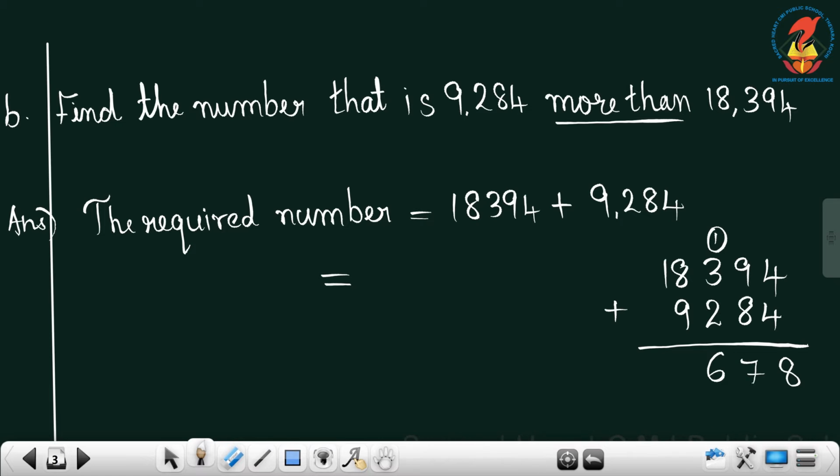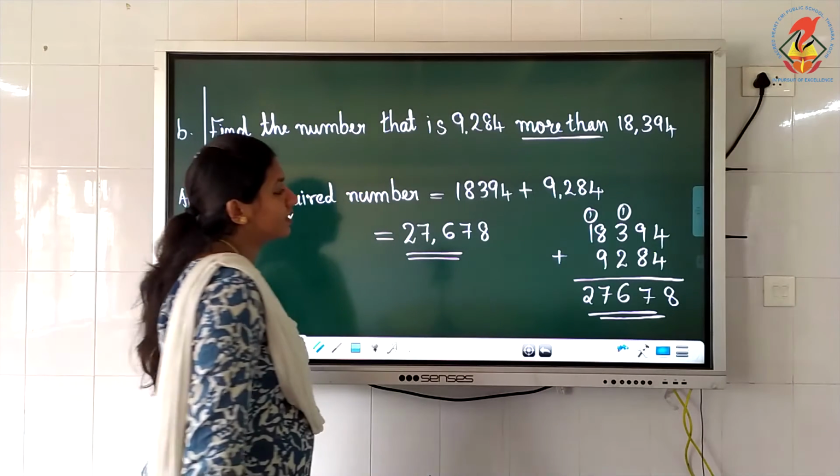8 plus 9, 17. 7. 1 is carry over. Then 2. So 27,678 is the number. Clear?